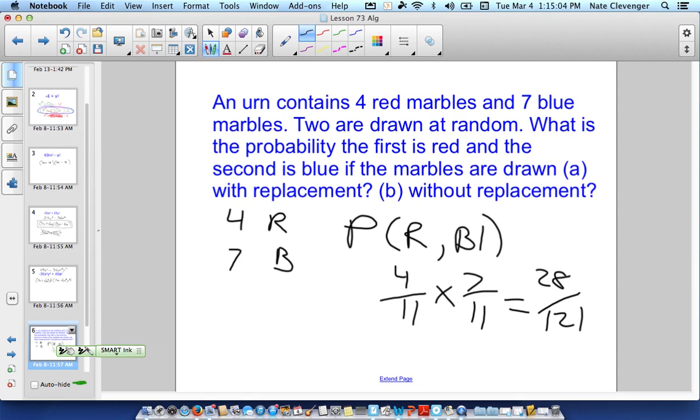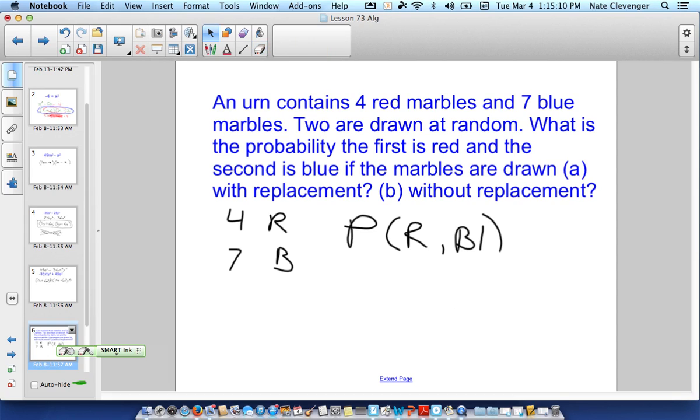Now, when working without replacement, what's the probability going to be? Right, on our first one, our probability of getting a red is still 4 11ths. Now, we've drawn one out, haven't we? Correct? And what color was it? Red. And we're not putting it back in.